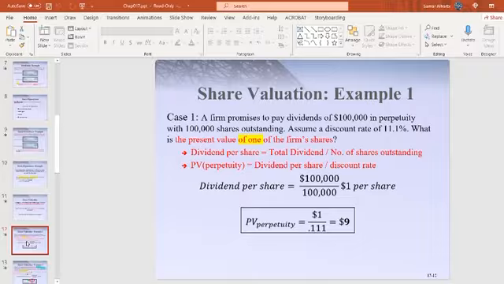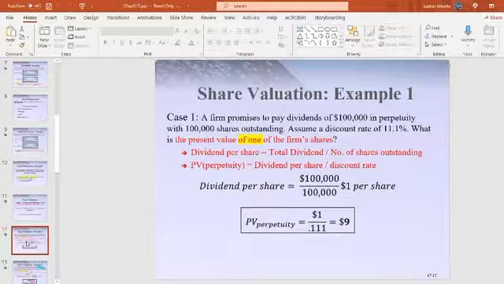Assume a discount rate of 11.2%. And the question is, what is the present value of one of the firm's shares? We want to calculate the present value of the shares. Now, there is a formula for this. The present value of the shares in perpetuity is equal to the amount of dividends divided by the discount rate. The amount of dividends per share is not mentioned here, but as I said, if they pay 100,000 for 100,000 shares, each share will receive $1.